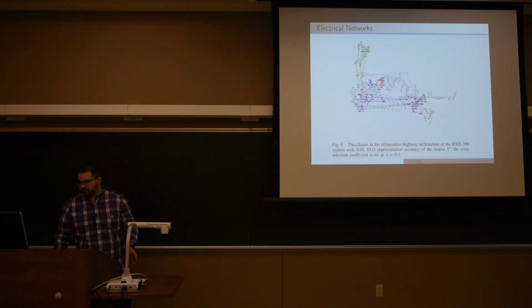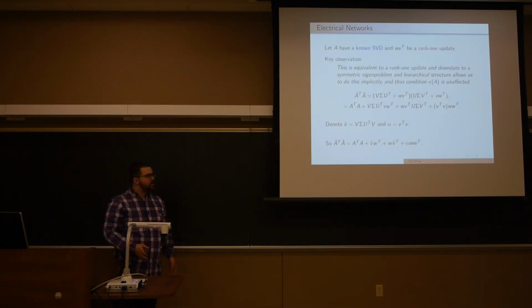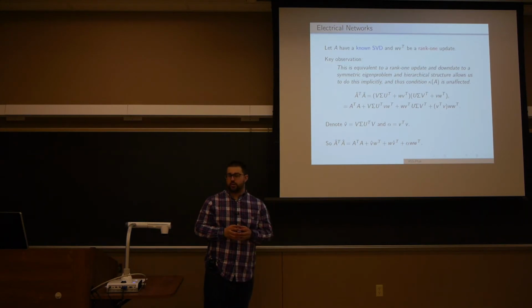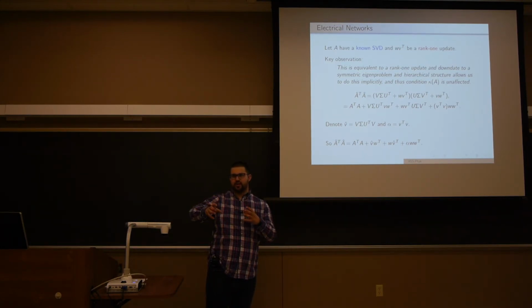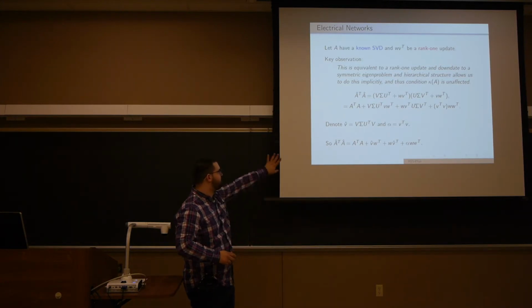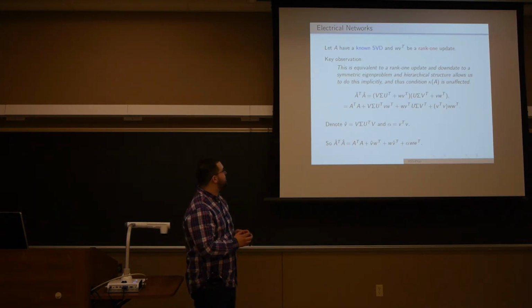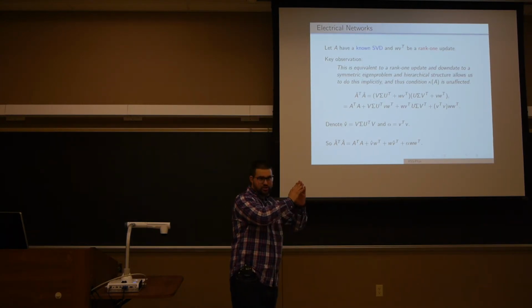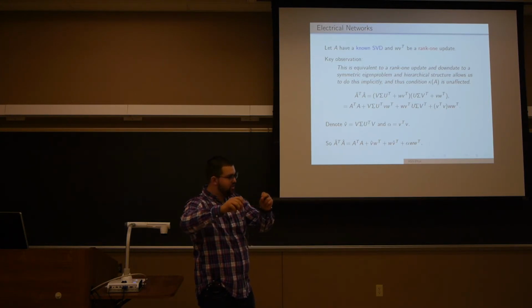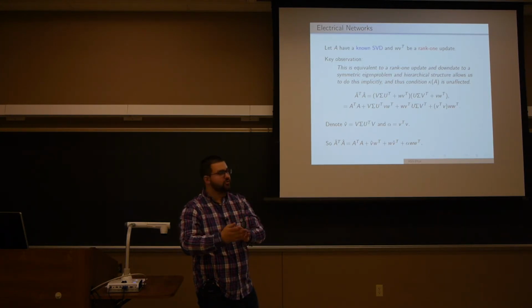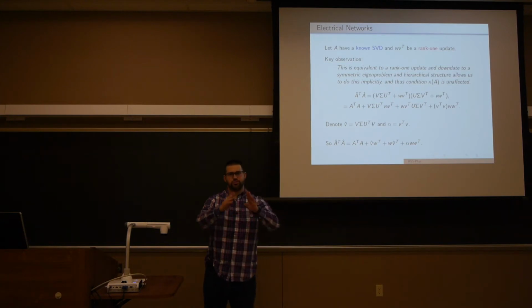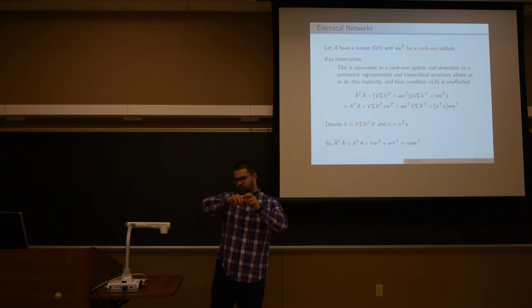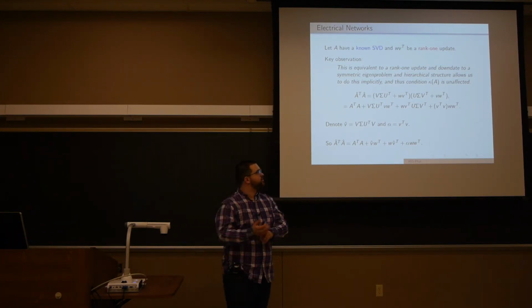So this is an example from a power grid. Basically, there's a number of tricks we play to write the SVD in terms of symmetric eigenvalue problems. The main trick we play, this has been known since the 90s, but it's a cool trick if you haven't seen it, is that if we have a non-symmetric matrix plus a rank 1 update that's not symmetric, this is equivalent to 2 low rank symmetric updates.